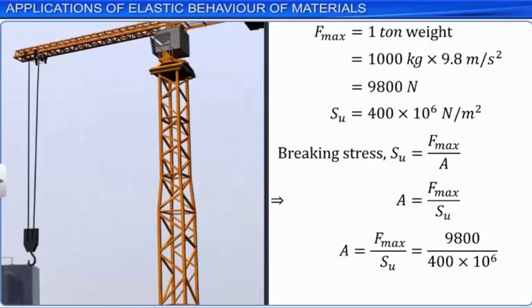As the cross-section of the rope is circular, which is equal to πr², substituting and simplifying for the radius, we get the radius of the rope as 2.79 millimeters.